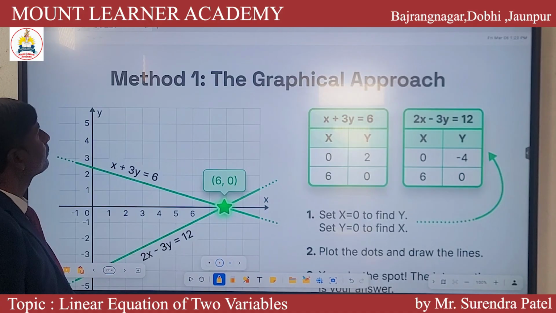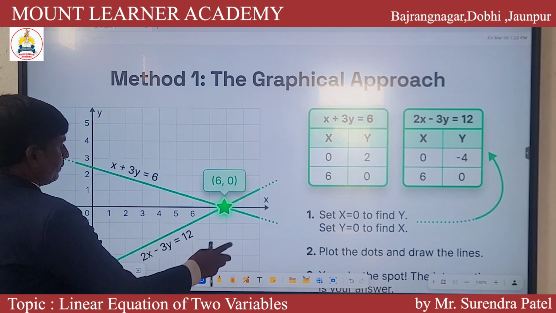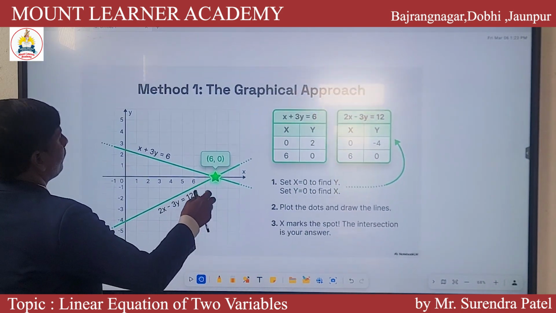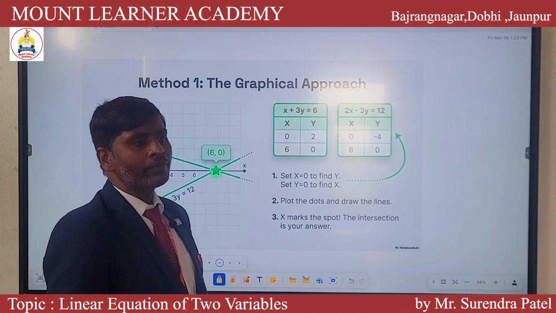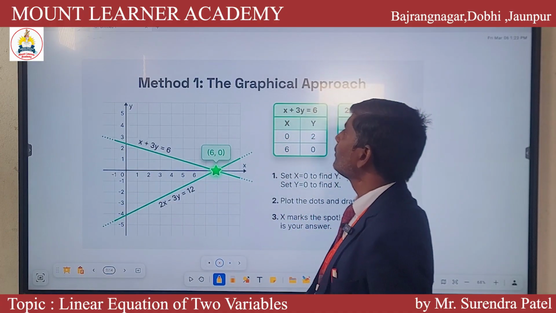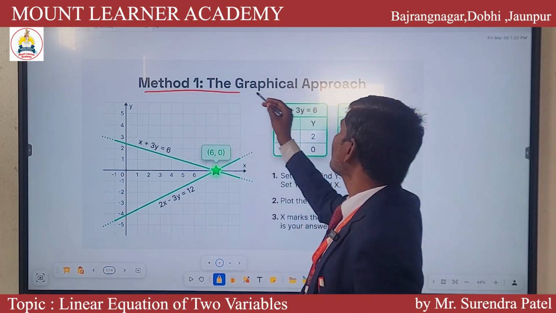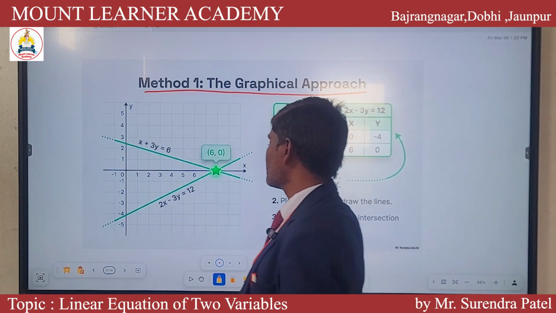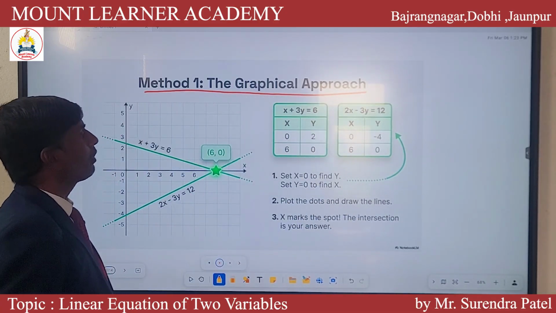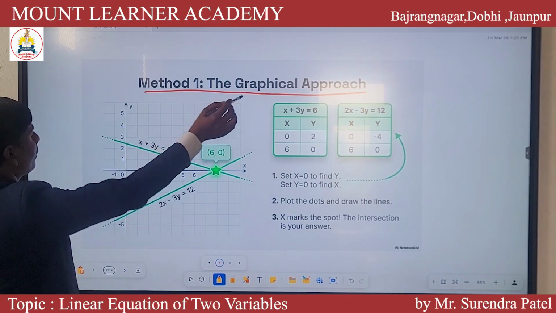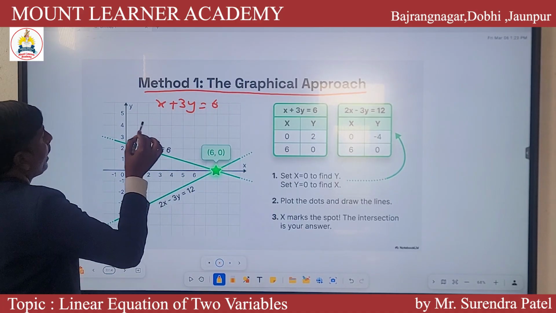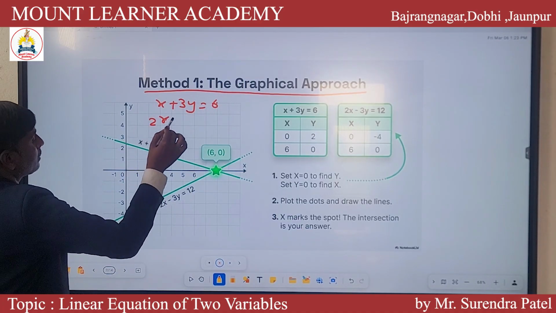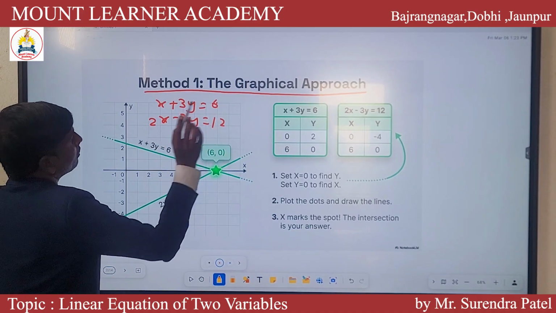Now next, in this section we study the graphical method of solving the given equations in two variables. Here the first equation is x plus 3y is equal to 6, and the second equation is 2x minus 3y is equal to 12.